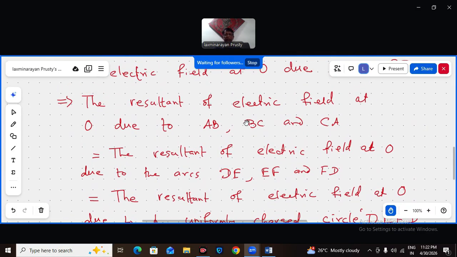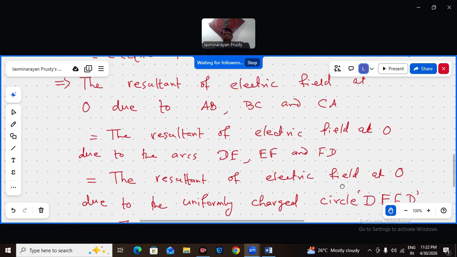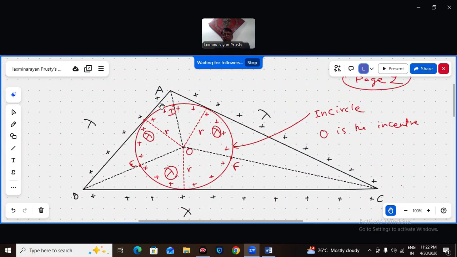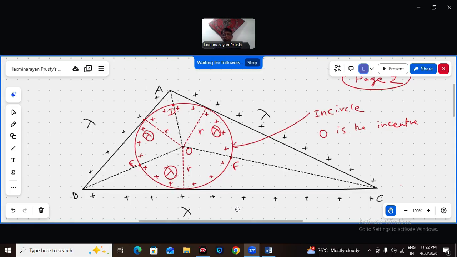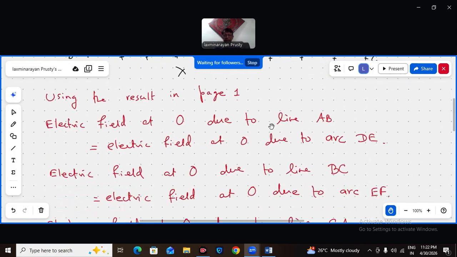But these three arcs make a circle. The circumference of the circle is made by these three arcs. So what is the field at the center of a circle having uniform linear charge distribution? 0. All of you must be knowing.